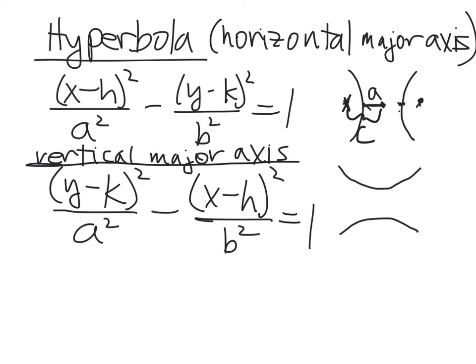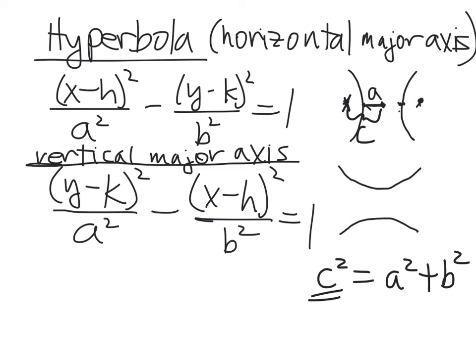So the relationship between a, b, and c is that c squared is going to equal a squared plus b squared. Whereas with the ellipse, a squared is going to equal b squared plus c squared. And another, I guess you could call it a major problem here, a is not necessarily bigger than b. The only thing we know for sure is that c is bigger than both a and b.